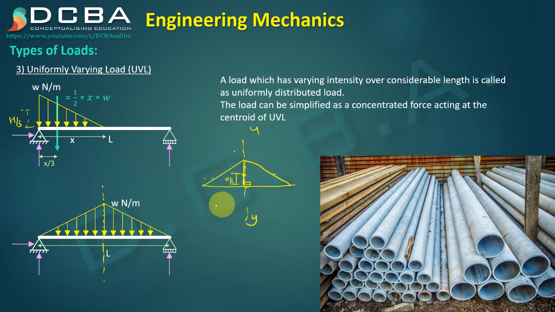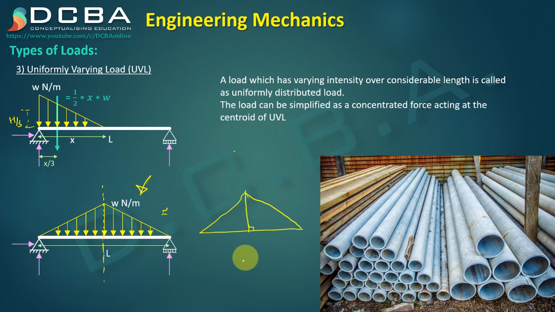Okay. Another way of solving this kind of loading is that we can consider that it is made up of two right angle triangles. So this can also be simplified into two right angle triangles, each of which is having a length of L by 2.